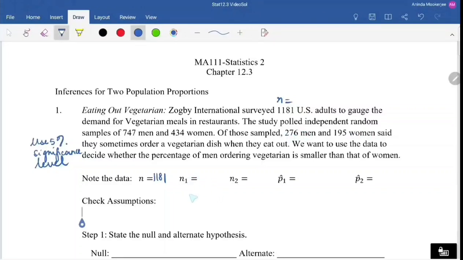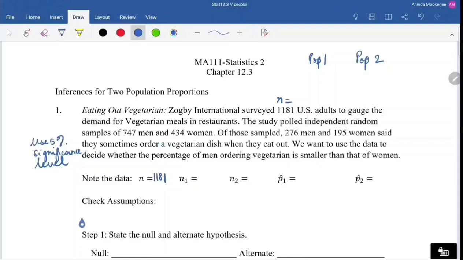Then we have to find what n1 is. Now keep in mind, when we are working with two populations, we first have to define the two populations in the sense that we have to first decide which group we are going to put under population 1 and which group we are going to put under population 2. Now these are independent samples, these are not paired.